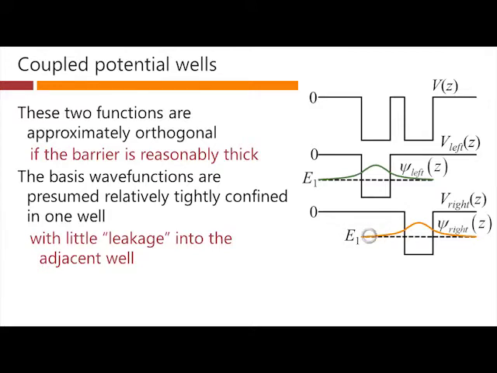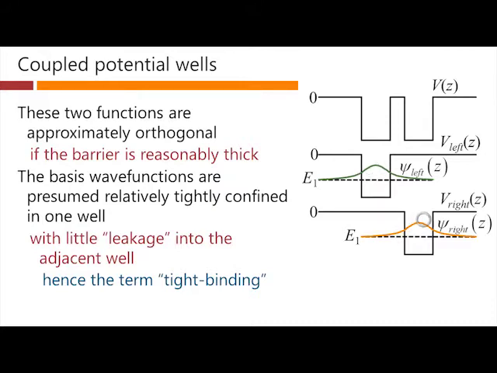So we're saying this amount of wave function leakage we see into this barrier here is not very much over here, so we think that probably even in this coupled well problem, there's not really very much leakage of this basis function, as it were, over to the left, and similarly there's not much leakage of this basis function over to the right. Now, this is only an approximation, but we're going to take this approximation in this kind of model. Hence, we're calling this the tight binding model.